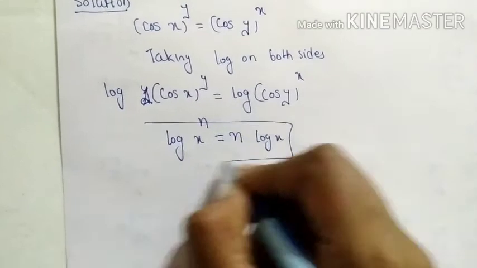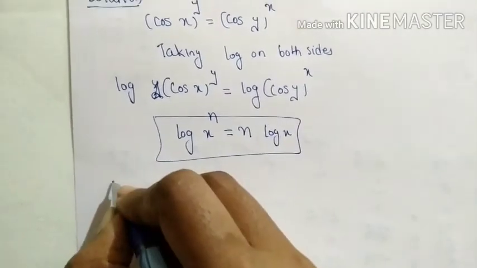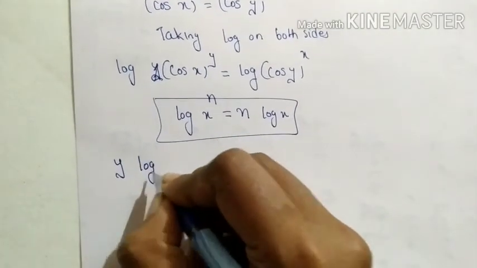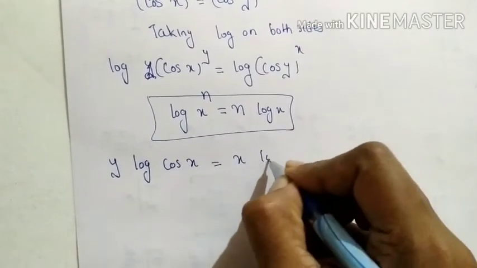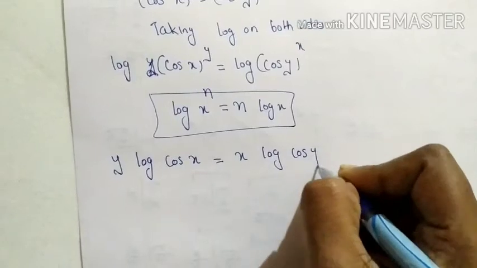By using this property, we get y log of cos x equal to x log of cos y.